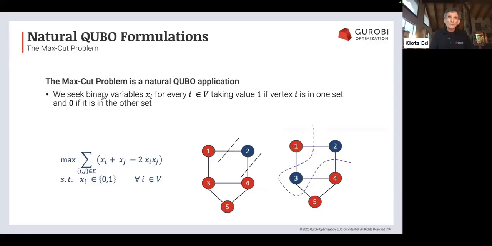Well, we're looking for binary variables, one for each vertex in the graph, that take a value of 1 if the vertex is in one set and 0 if it is in the other set.